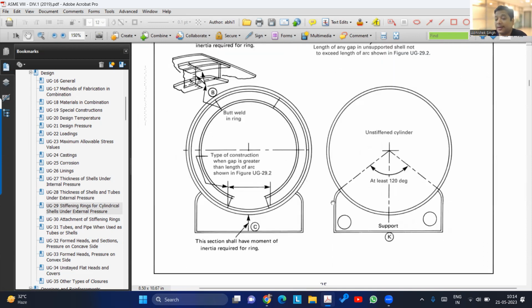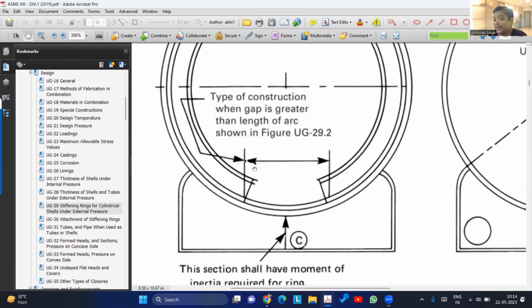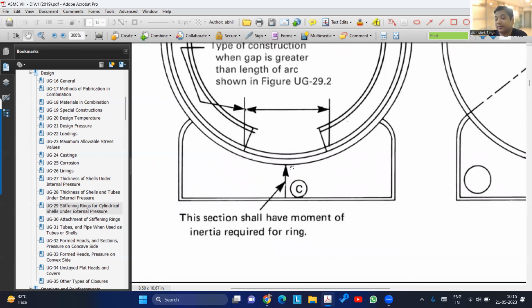You can even have more gap than that. More gap than 29.2, but only at a location where you have some support, like a saddle. There you can have even more gap. The saddle cross section, which is given by C, should be able to compensate the moment of inertia.